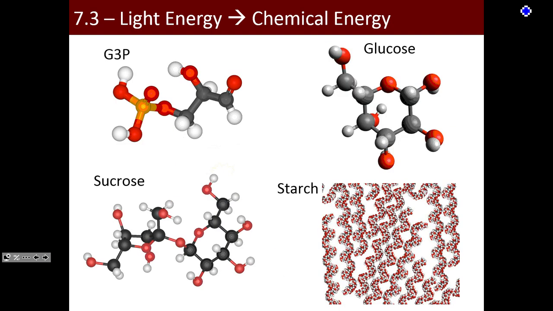Other G3Ps can be joined together to make a glucose. Many glucoses can be joined together to make sucrose or to make a large starch molecule. We have an abundance of energy and the plant's just cranking out all these glucoses. It can make some starch and store it up, right? Plant wants to get bigger and make more leaves and grow. In order to produce more cells, it needs cellulose for its cell walls, right? So those glucoses can be used to build those structural components in the cellulose. There's lots of different potential fates for these molecules to take.